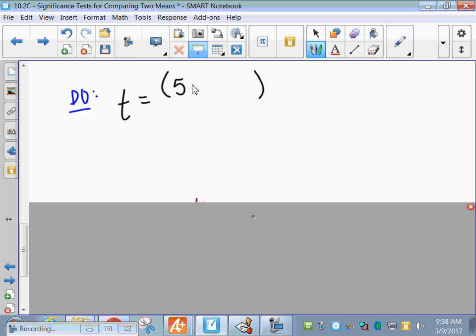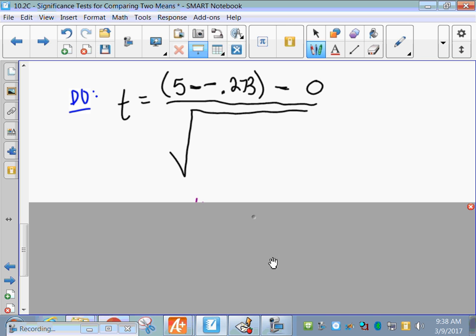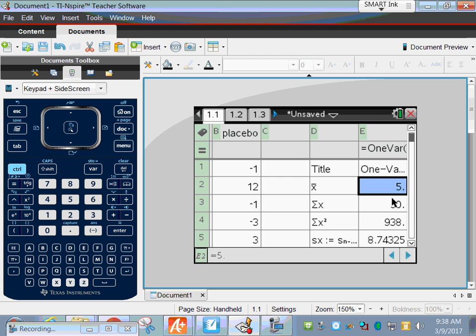By the way, you are subtracting in this one a negative 0.273 for that second mean. All right, minus the parameter. The parameter is that we assume no difference. So 0 divided by the standard deviation. Again, you have to use your calculator, and you need always the S, right? Don't use the other one, use the S.